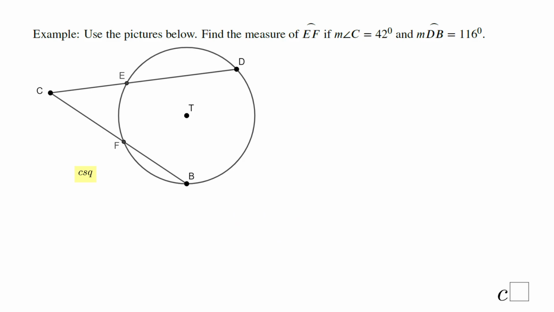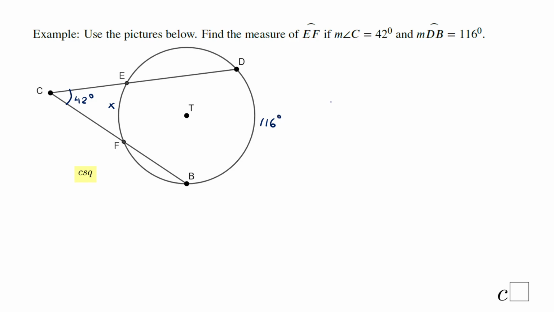Very similar in this problem, the only difference is now we know the measure of angle C. This is the angle formed by the two secants outside of the circle, 42 degrees, this angle. Then we need to find this arc EF, and we know DB. This one is 116.